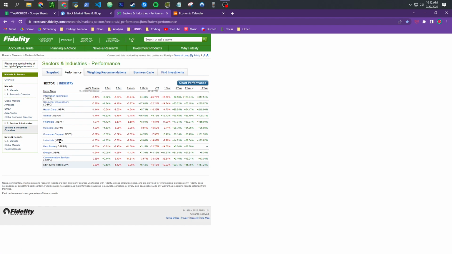Look at 5 year. 5 year, it's the second worst. 10 year, it's the worst aside from real estate, because real estate is relatively new as a sector classification. So maybe you have some long-term investors looking at energy and saying, you know what, I think you're terribly wrong when you're saying energy is overvalued, or this is it for energy.